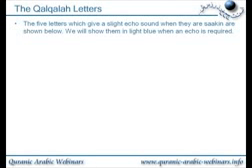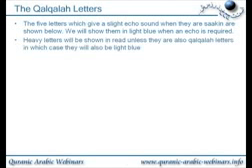5 of the letters which give a slight echo sound when they are sakin are shown below. We will show them in light blue when an echo is required. Heavy letters will be shown in red unless they are also qalqala letters, in which case they will also be light blue.